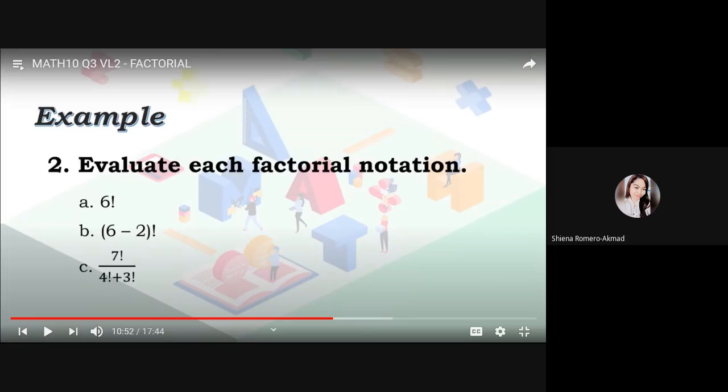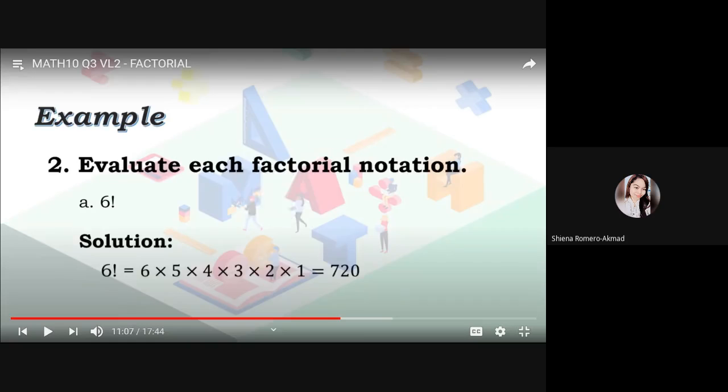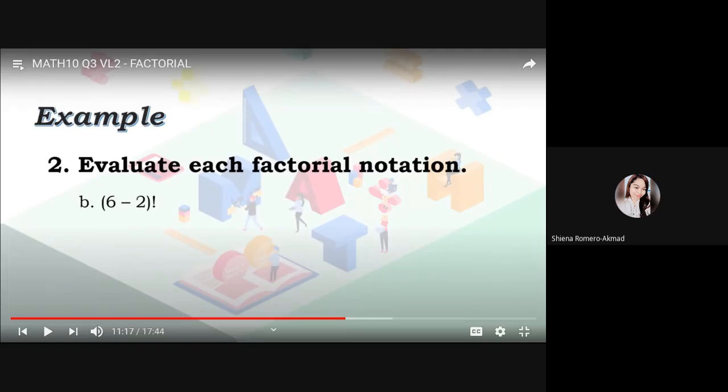So, tingnan natin yung magiging solution. For letter A, we have 720. For letter B, we have 6 minus 2 factorial, and that's 4 factorial. 24 yan, mali kasi nakasulat dito yung 48.